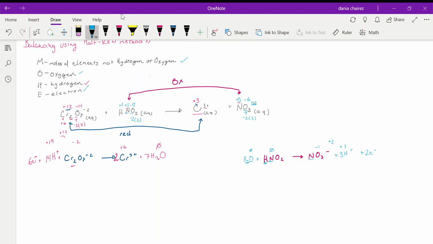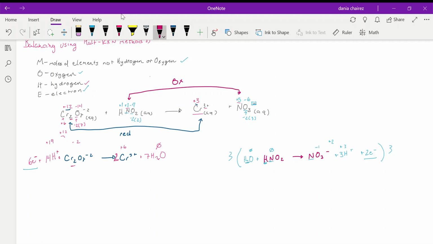So finally, our final steps are going to be combining our two half reactions again. Before we can combine our half reactions, we have to make sure that our electrons are the same value. If you see on our reduction side, we have 6 electrons, whereas over here we have 2 electrons. So to fix this, we're going to multiply it all by 3, because to get 2 to 6, we multiply by 3, right?